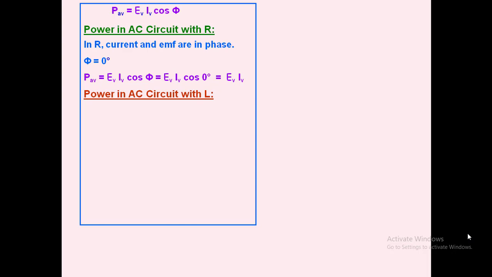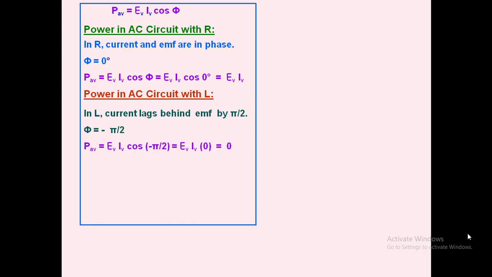Power in AC circuit with L, that is inductor. In L, current lags behind EMF by pi by 2. So as the current is going to lag, the value of phi is nothing but minus pi by 2. So if you substitute the value, cos of minus theta is nothing but cos theta alone, but cos pi by 2 is nothing but 0.